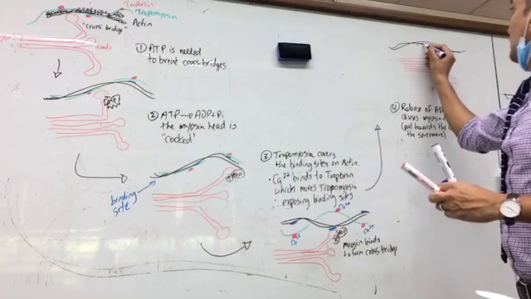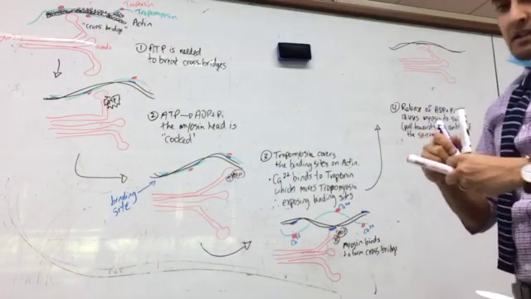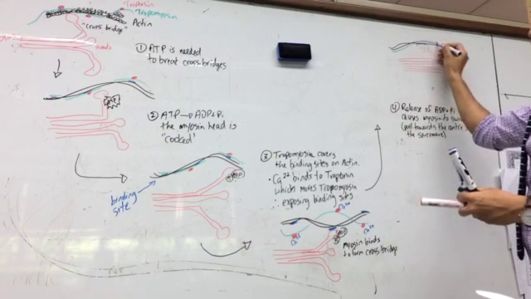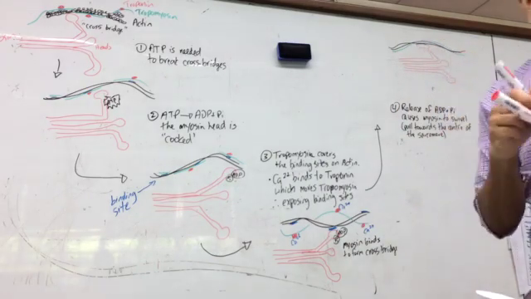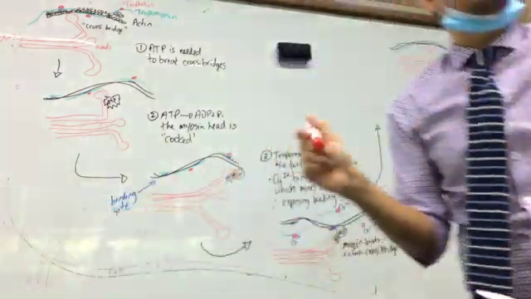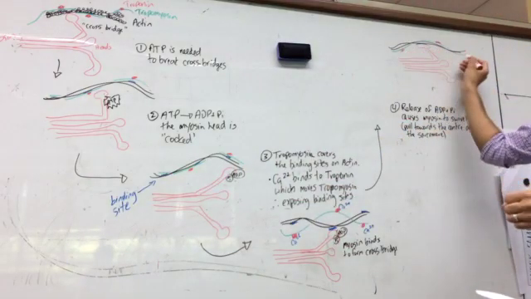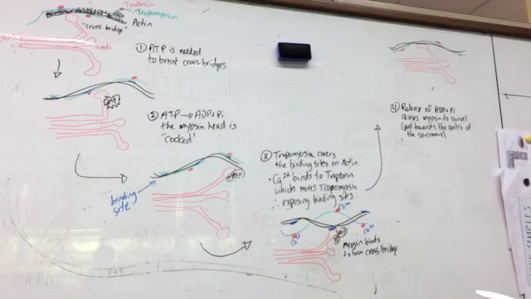It's still cross-bridged. Tropomyosin, everything is still there. And then everything from here on out just depends on the availability of materials. Is there more calcium? Is there more ATP? And is there a signal? If so, then it will continue to do this.